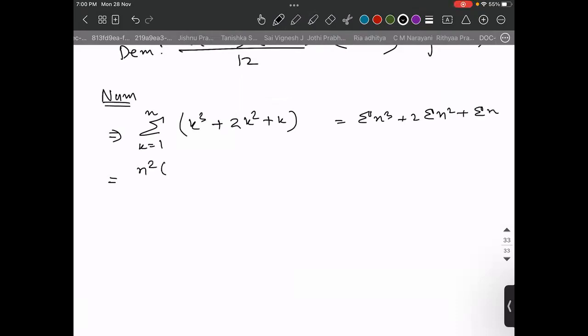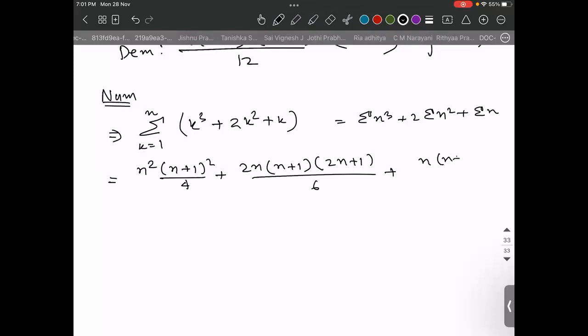That means this is n square into n plus 1 whole square upon 4 plus 2 times of n, n plus 1 into 2n plus 1 upon 6 plus n into n plus 1 upon 2. Sorry, 2, not 6. This will be 2, no? This is 2.